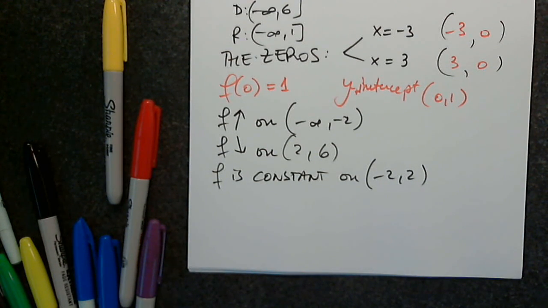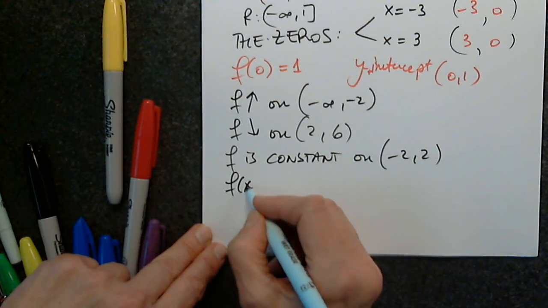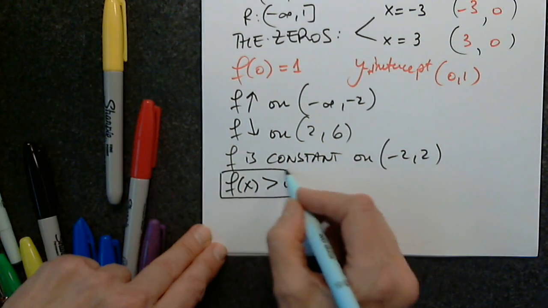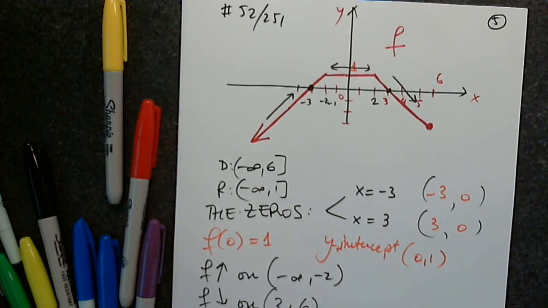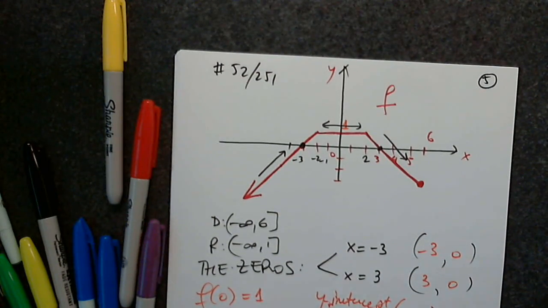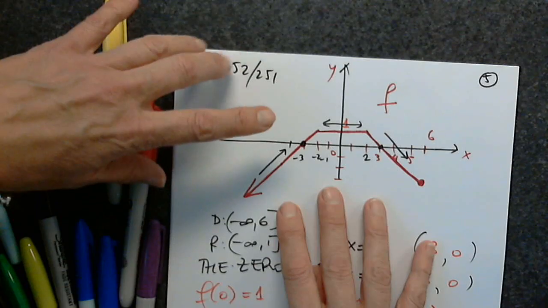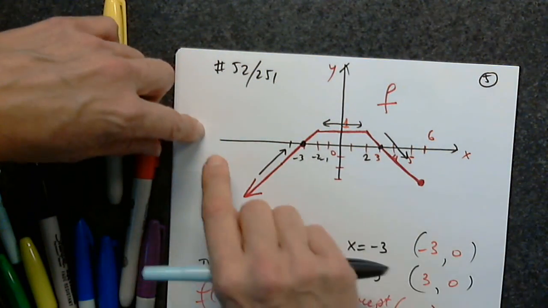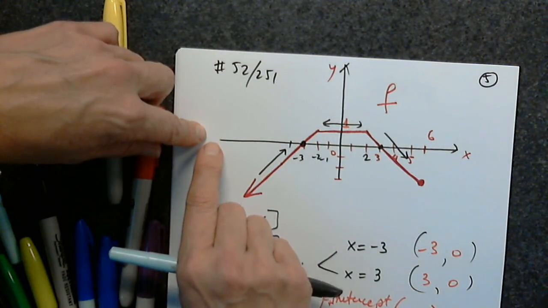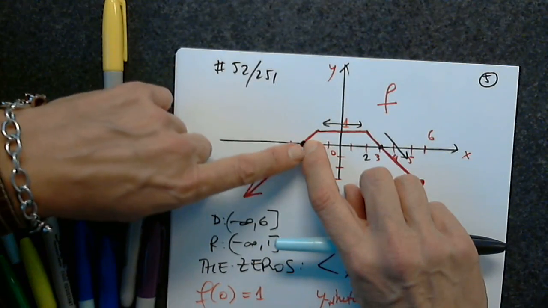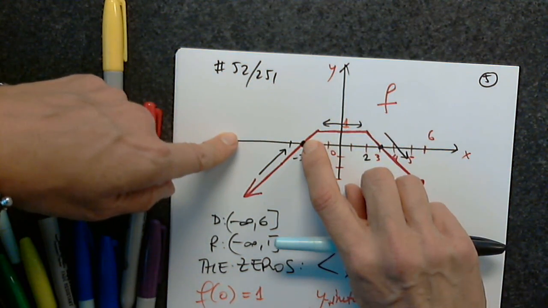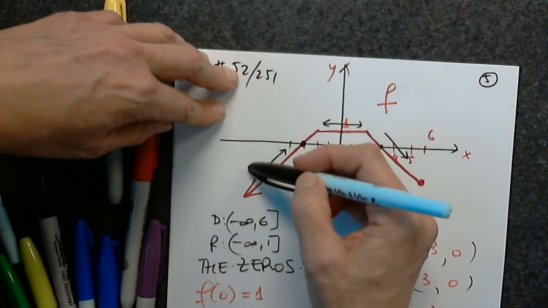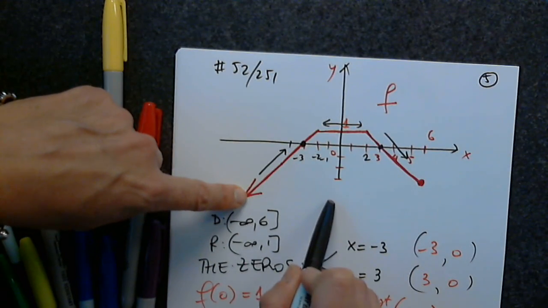Values of f of x for which f of x is greater than 0. Let's analyze this. This is another very important type of question. I'm looking at this function, and I see that for x values between -∞ and -3, the function values must be negative because the function is below the x-axis. So if you say x equals -10, I will give you a negative number.